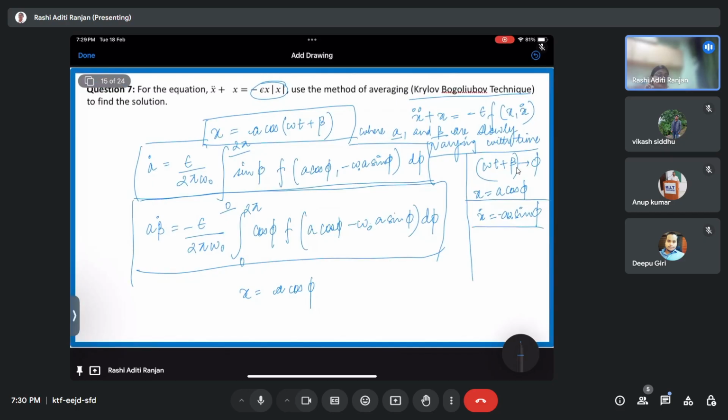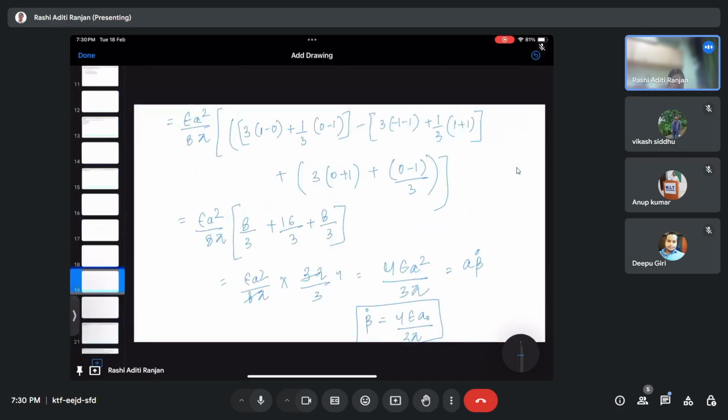So you see, by this method, we are essentially able to solve a system which has a kind of discontinuity, because if you see the plot of modulus of x, it has an abrupt change at x equals 0, right? So with that also we are able to work because of this kind of method.